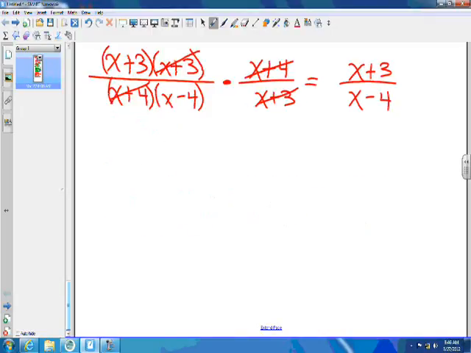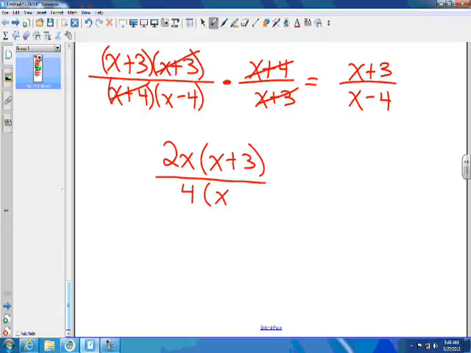One other thing to show that might happen, you might end up with 2x times x plus 3 over 4 times x plus 4. So can you cross these off at all? No. But out front, you have 2x over 4. There's no addition in here, is there? Or here? So you can. What is 2 divided by 4?